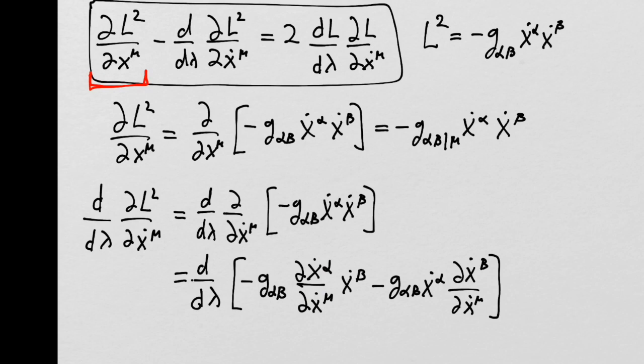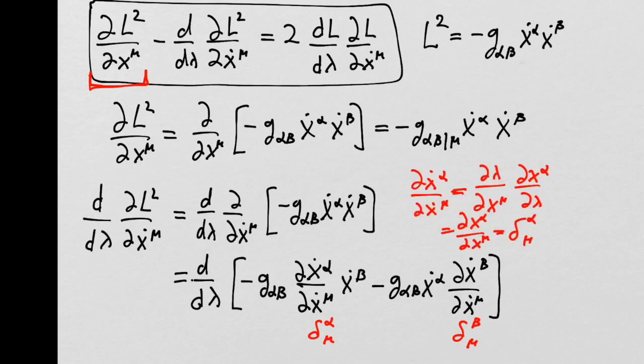That partial derivative is going to be the delta function of alpha and mu. And this is going to be the delta function of beta and mu. In case you're wondering how that works, I just sketched it out up here. The partial derivative of the generalized momenta, you can think of it in terms of this relationship.